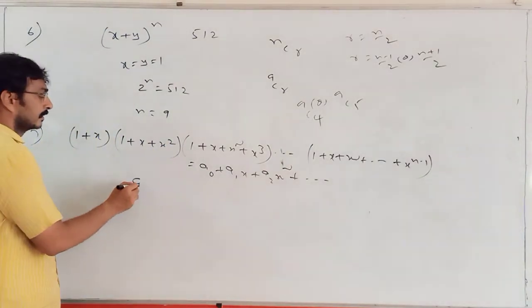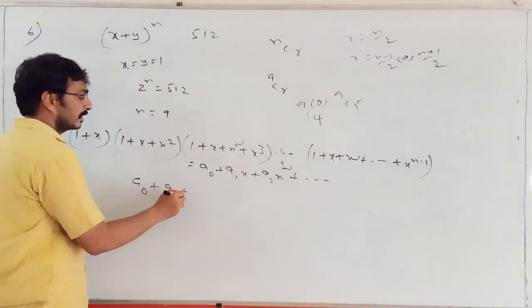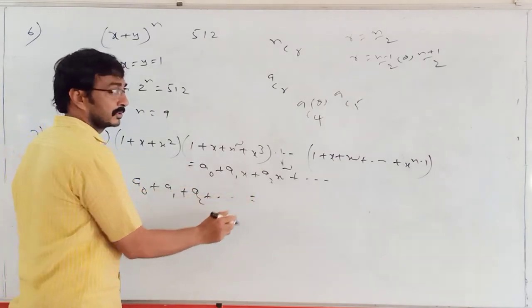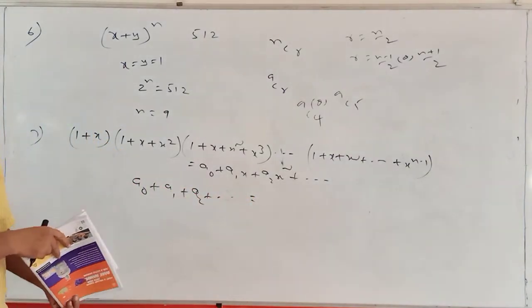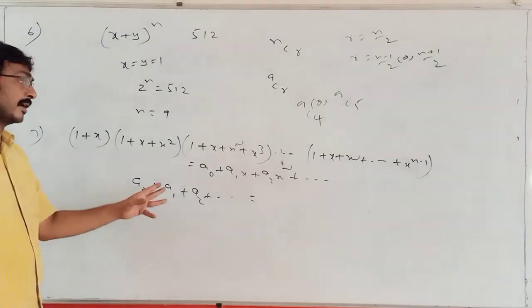Then required is a0 plus a1 plus a2 plus and so on. Means again sum of all binomial coefficients. Sorry, sum of all coefficients.